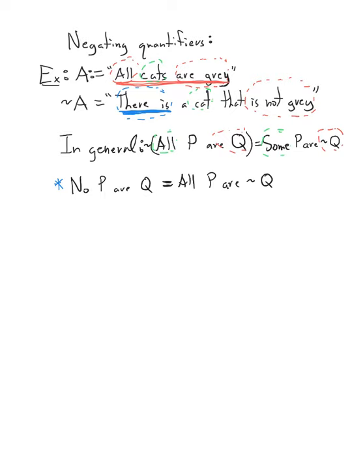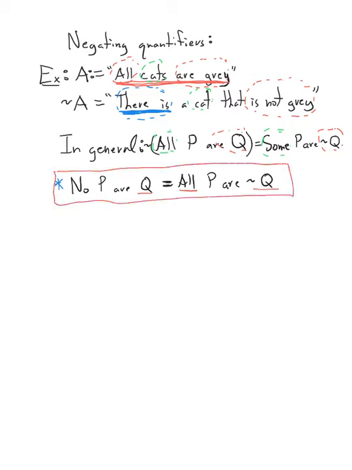In that case, our P is cats, our Q is has wings. Well, that's the same thing as saying all cats do not have wings. So we just changed the "no" to an "all," and we negated the property. So it's not quite a negation, but it is just a logical equivalent.